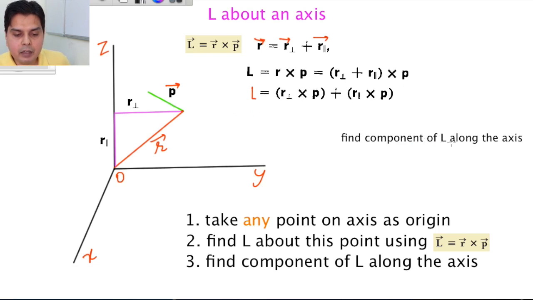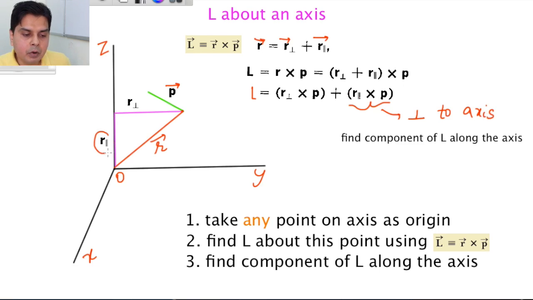I have to find the component of L along the axis. Now see this second bracket: there will be some contribution, but that contribution will be perpendicular to the axis. Why? Because this r parallel is parallel to the axis. So whatever the cross product of this r parallel and this p, it will be something in this direction or here, whatever, perpendicular to the direction of the z axis.